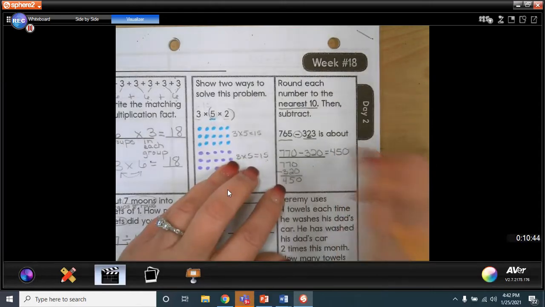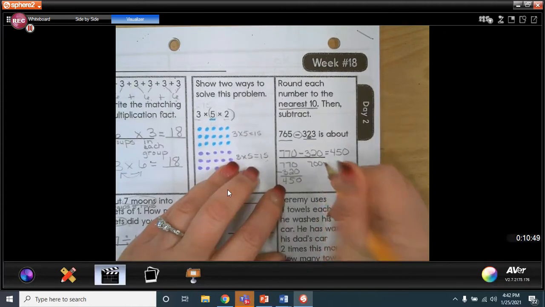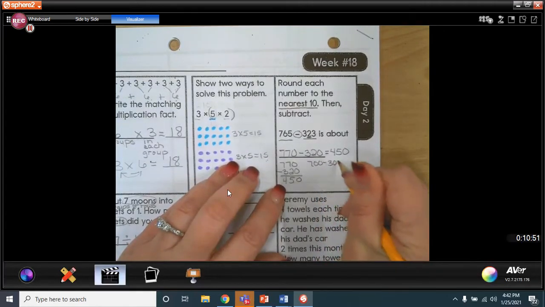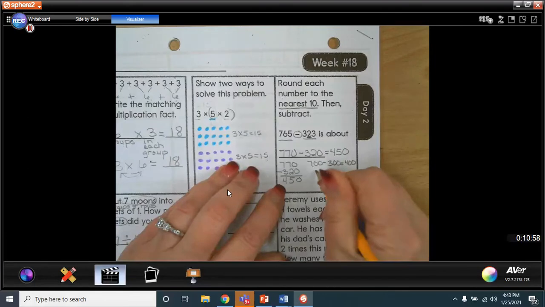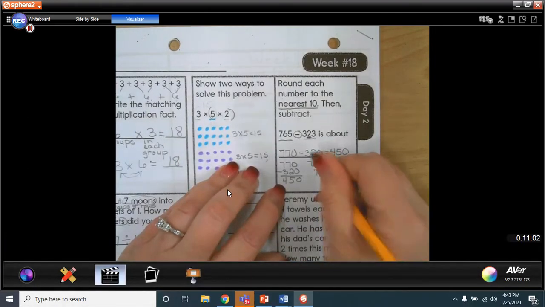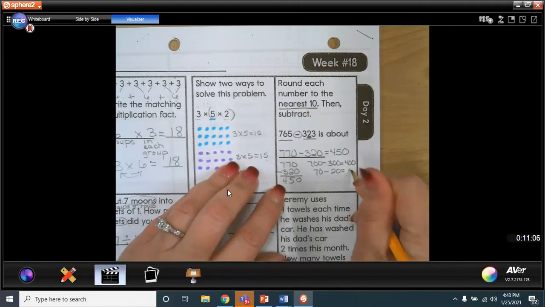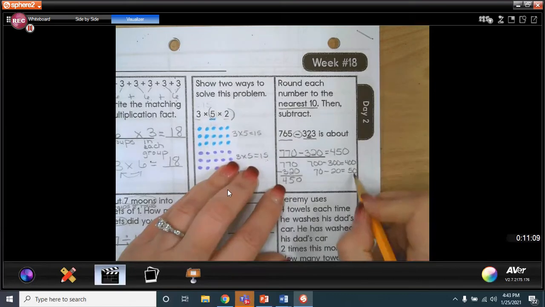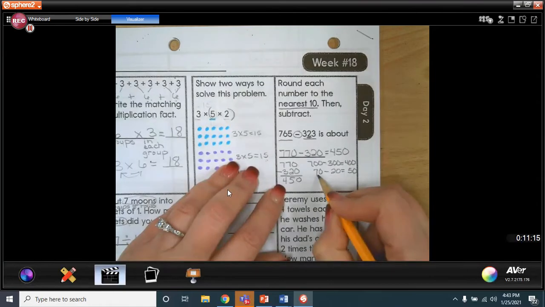So my estimate is about 450. Now we could have done the same thing, taking what we know about each place value and subtracting it. So again, 700 minus 300 is 400. We have the 70 minus the 20 here, and again, that's still going to give us 50. Remember, we can always check our subtraction by using addition. Is 50 plus 20 going to give me 70?